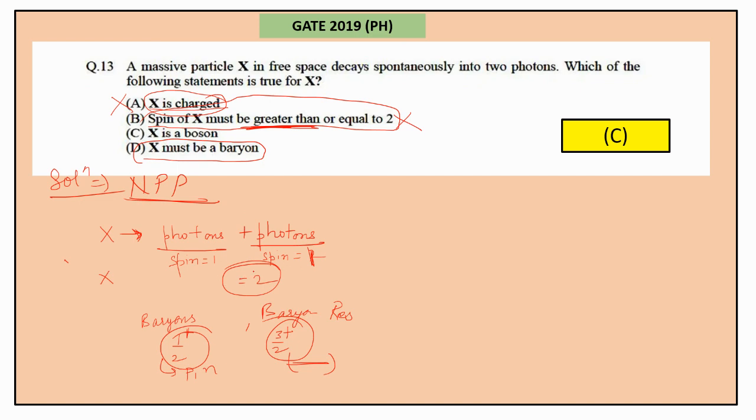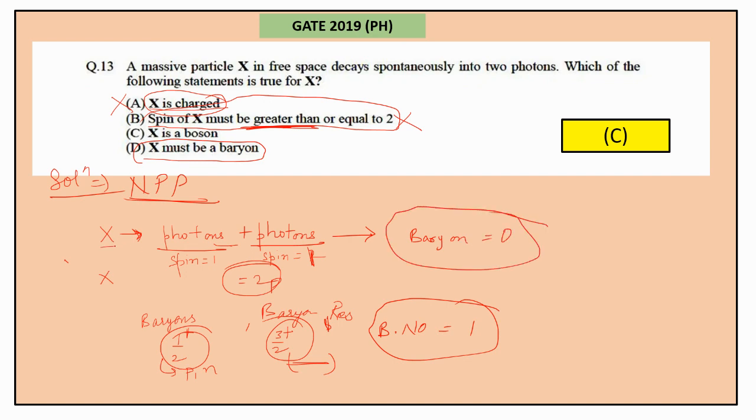So if any particle is a baryon, it should have baryon number 1. A photon is not a baryon. So suppose on the right hand side we have baryon number 0, so on the left hand side also we must have baryon number 0. So this should not be a baryon. So this is also wrong. And X is a boson. Yes, X is a boson. Correct. The reason being that the photon is also a boson. So that is why this one is correct.